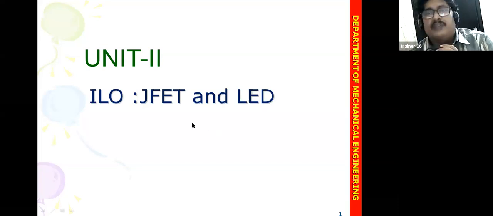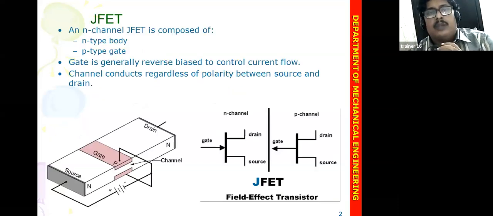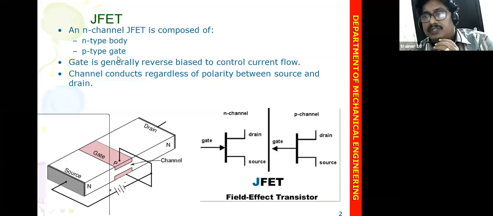Now we will discuss this. See here, this is a JFET. The N-channel JFET is composed of an N-type body and a P-type gate. Once you understand the previous classes with the fundamentals thoroughly, you can easily understand this one.